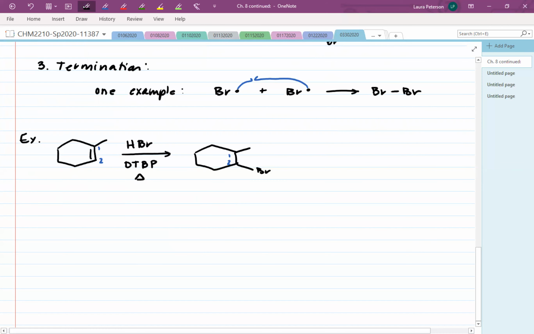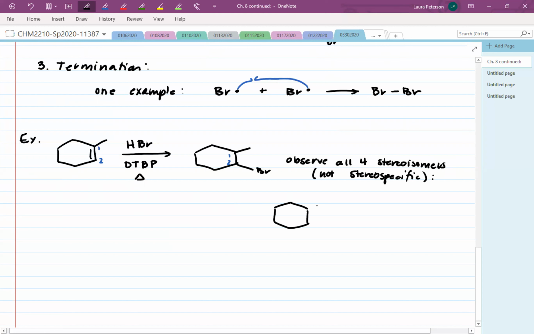Okay, so let's make that note: observe all 4 stereoisomers. We could just make a note below, this is not stereospecific. And then we could draw them down below, here they are.